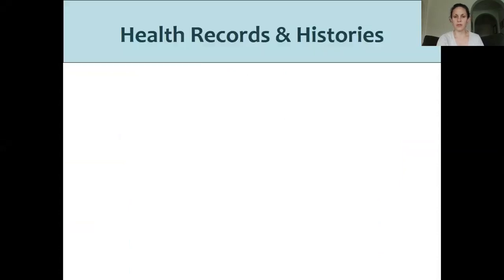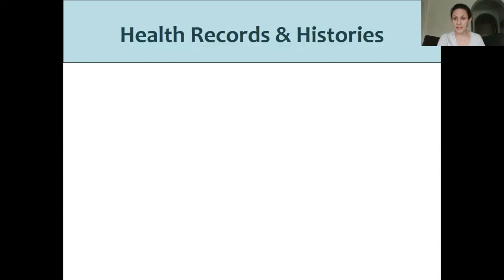So one of the first kinds of information you receive about a young child, especially if they're new to your daycare, your preschool, as in this example we're going to be using, even elementary schools, are health records and histories. So getting to know a little bit about the past that the child has had.